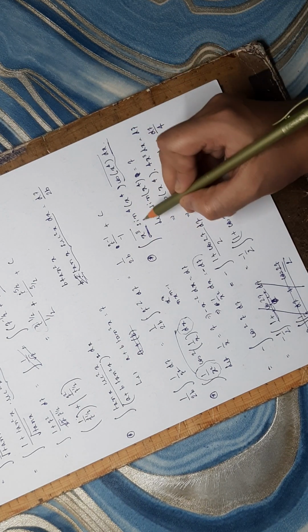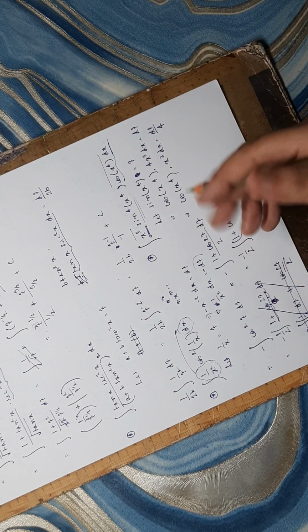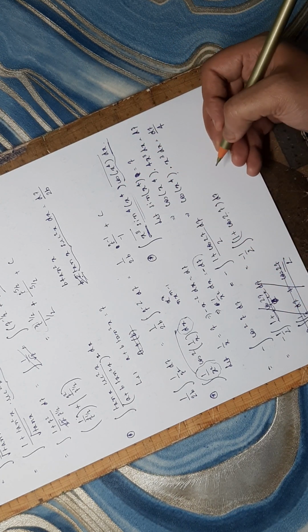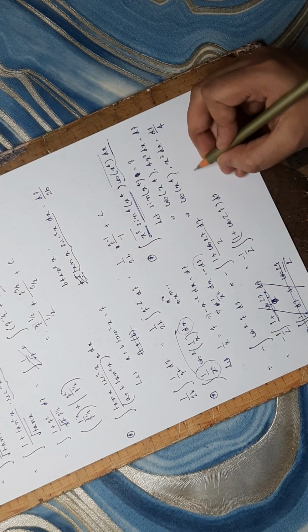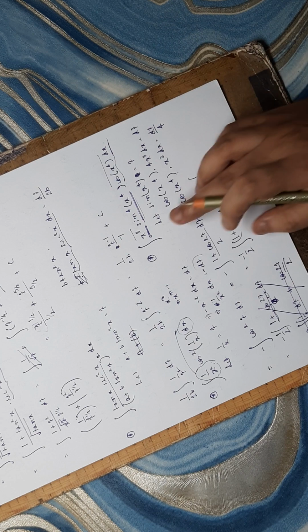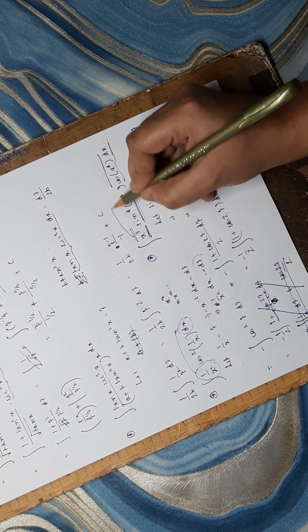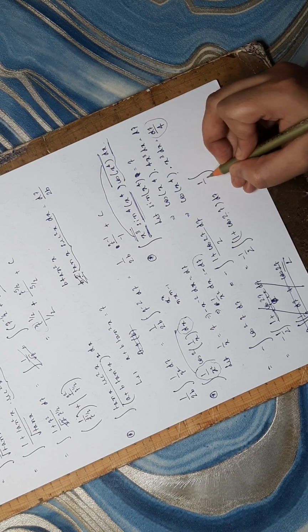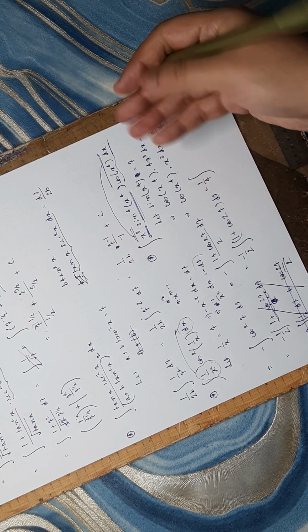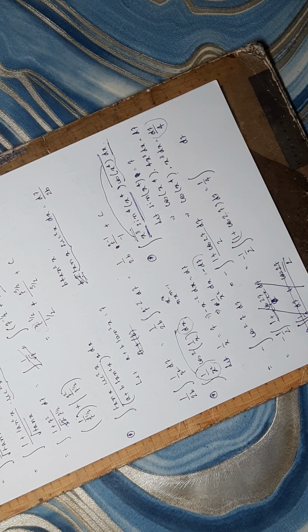Let me tell you once again, both of these get clubbed together to give us dt by 4. So I take 1 by 4 outside, and in the thing I just have a dt here.